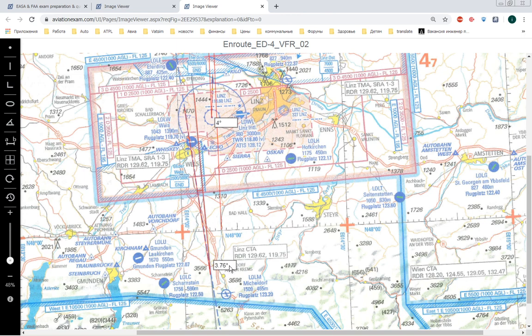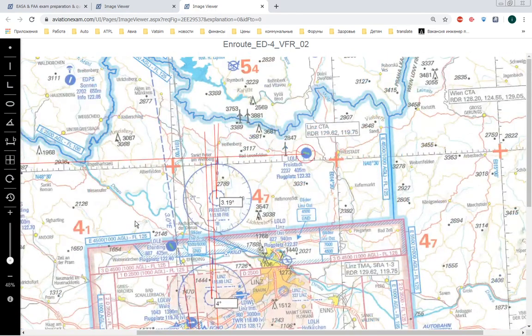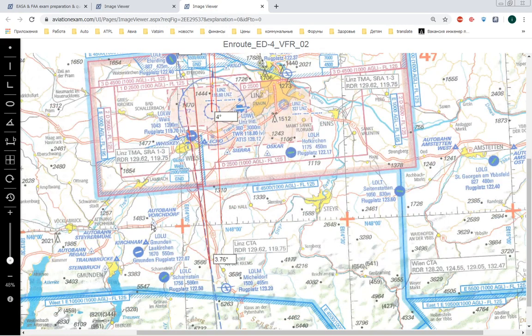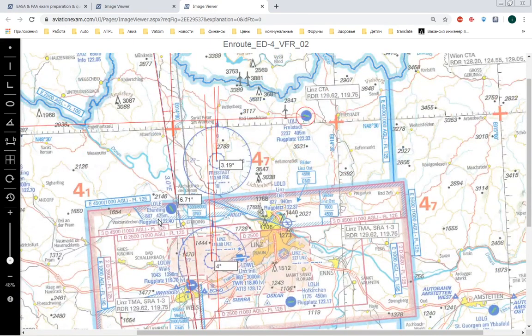But anyway, we have almost 3 degrees deviation. Another method to calculate variation is to use this dashed line in this way. Here we see almost 7 degrees variation to the west. So those are two incorrect ways to measure variation.